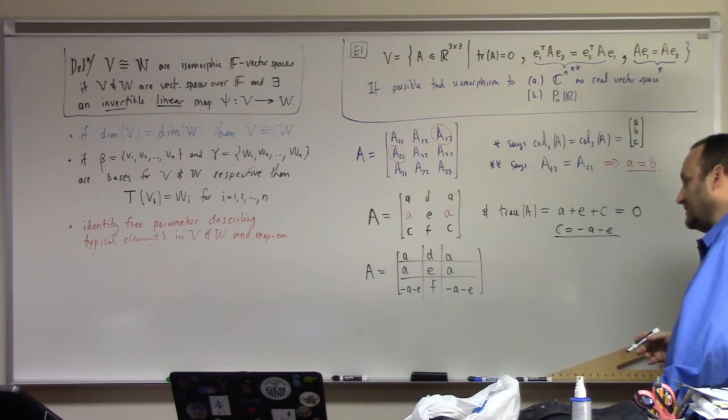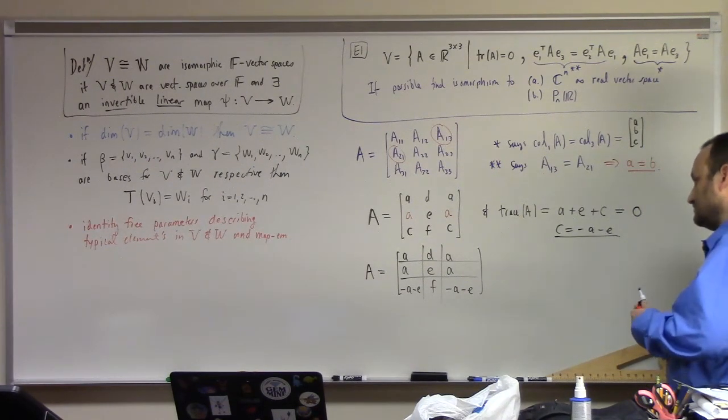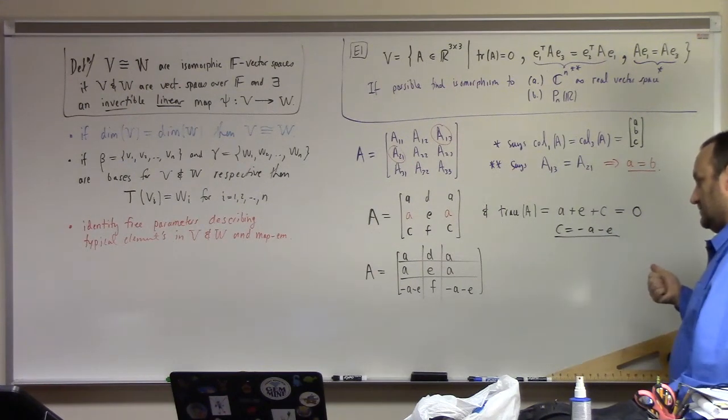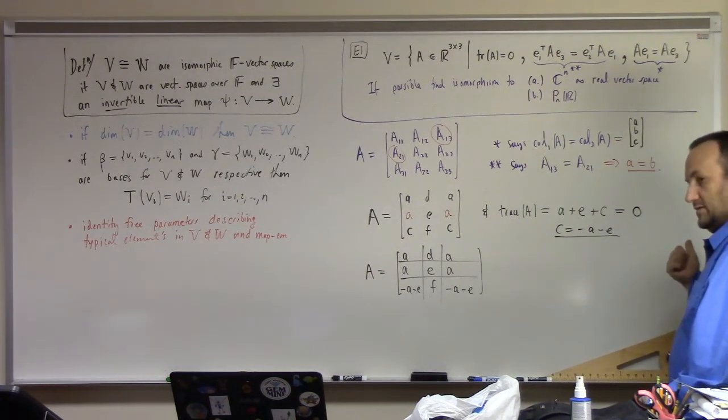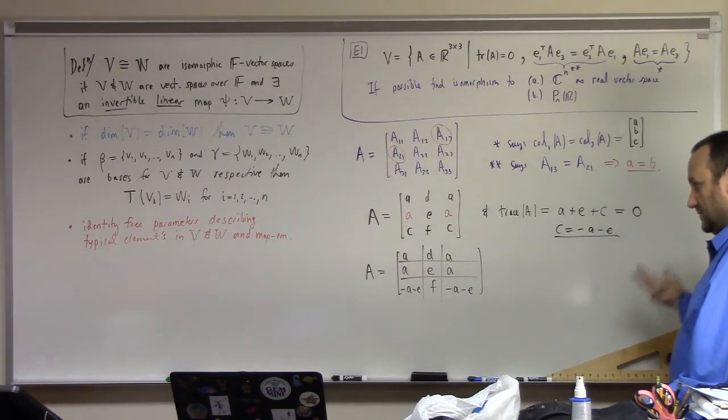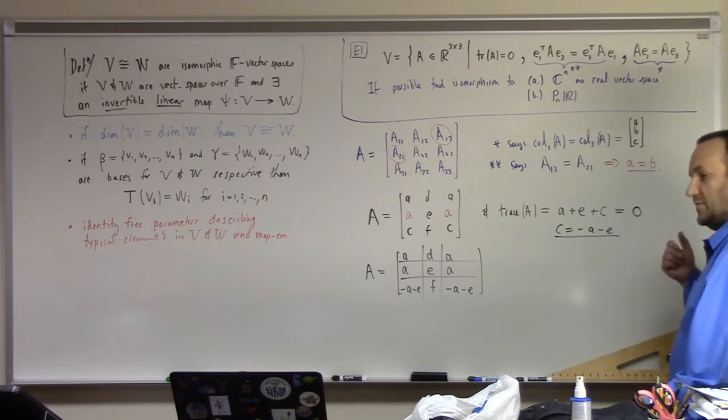I've identified the free parameters that describe a typical element in V. So what's the dimension of V? a, d, e, f. It's 4-dimensional.